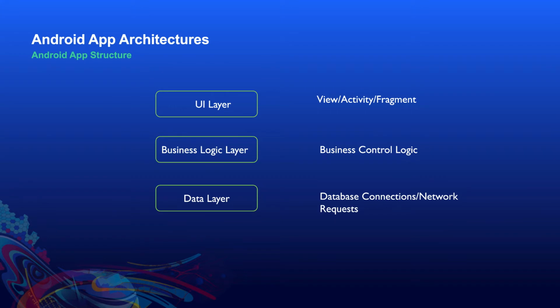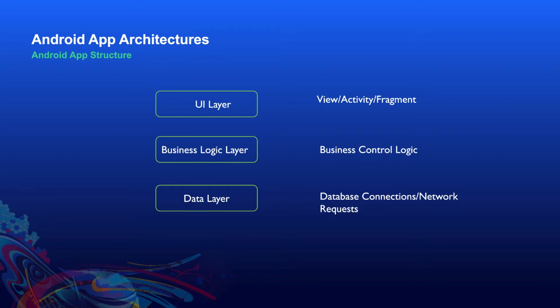Before talking about the architectures, let's get an overview of how the Android app structure would look. Any Android application typically will have these layers of development, where you have a UI layer to present it to the user and take feedback for the user interactions.